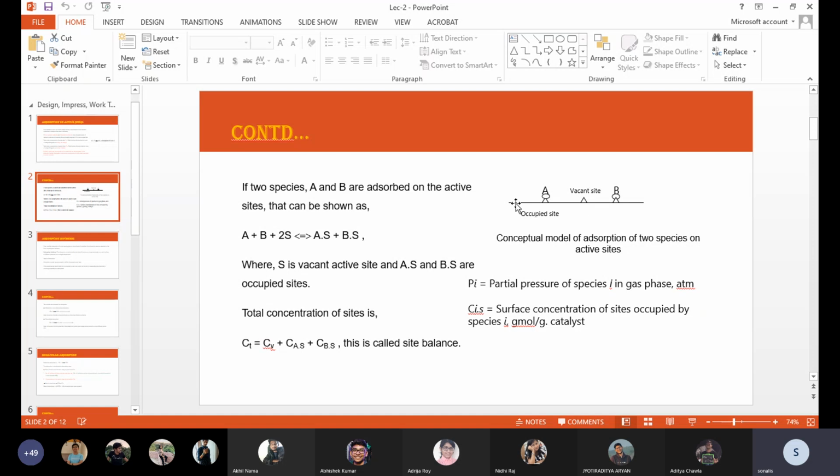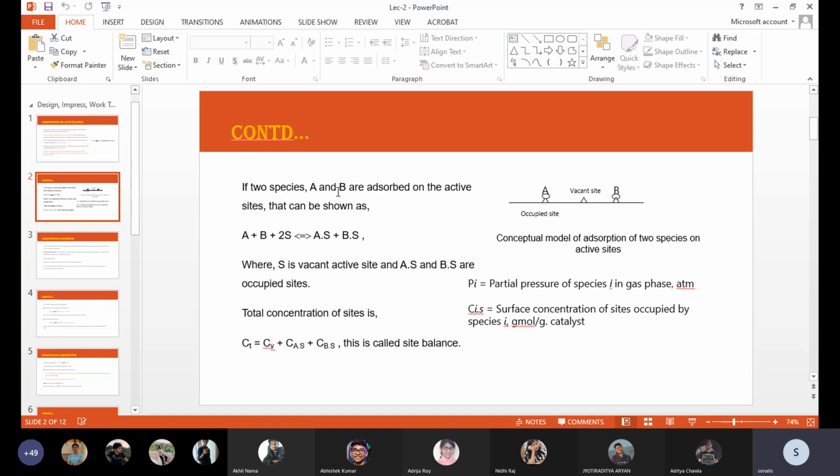So at the beginning, before adsorption, there were three vacant sites. All sites were the same. Then we can express the total site concentration as CT. After adsorption of some of the sites by the reactant molecules, we have two different types: one is occupied site, another is vacant site.